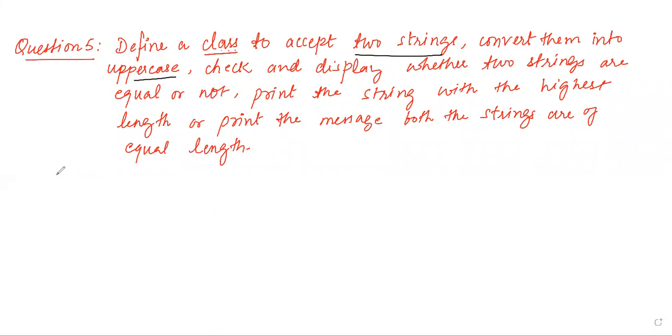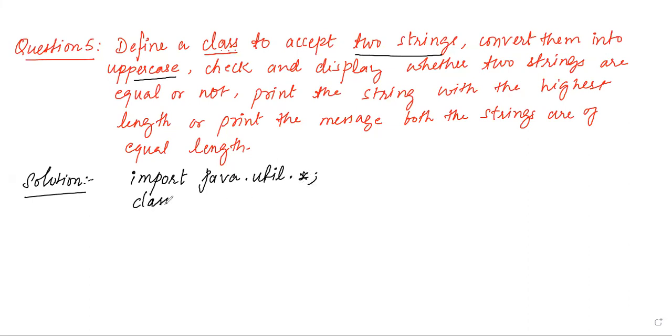So let's see, let's make the program. So we are declaring again the scanner object. For that, we have to take the package in your class 10, java.util.asterisk semicolon, defining a class such as comparison. I am giving the meaningful name.